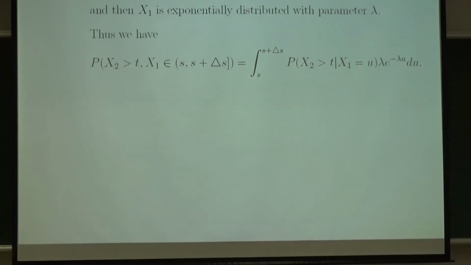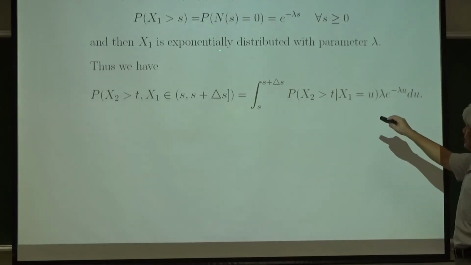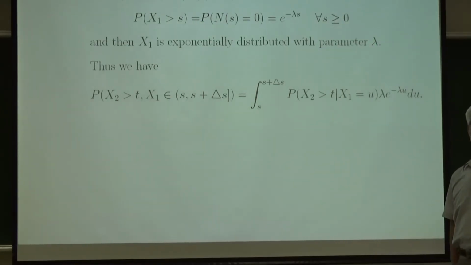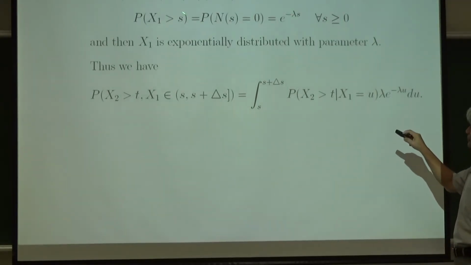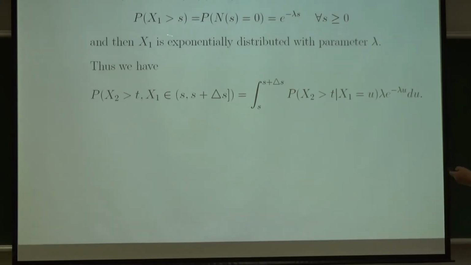Once we know that, we know x1 is exponentially distributed with parameter lambda, because this is equivalent to saying that the probability of x1 greater than x is this number. So once we know that, x1 is exponentially distributed with parameter lambda.